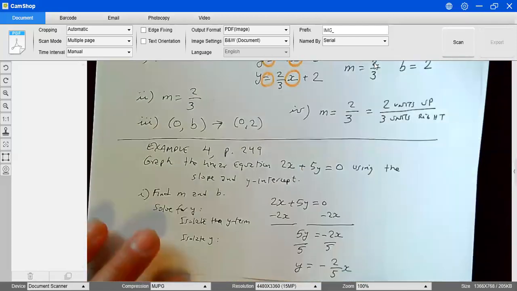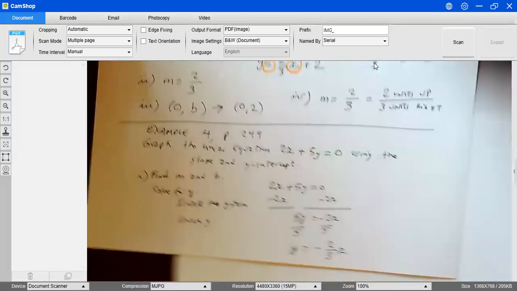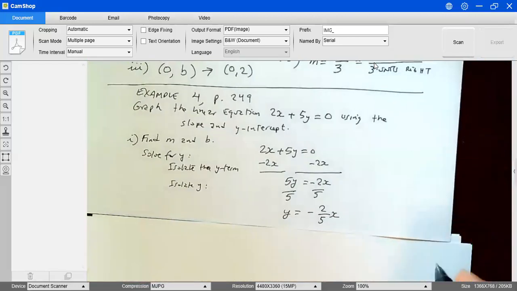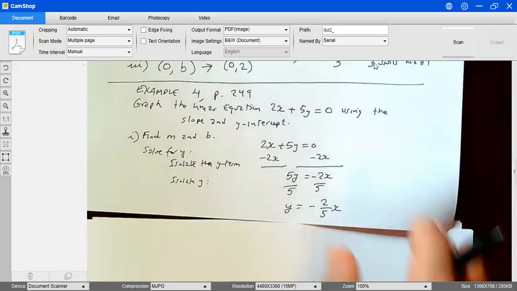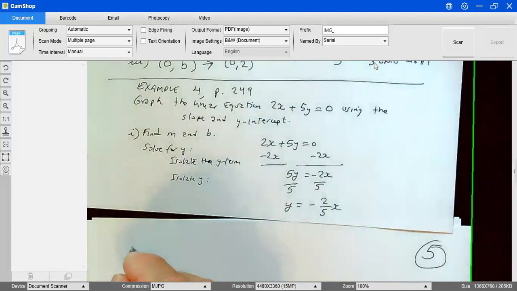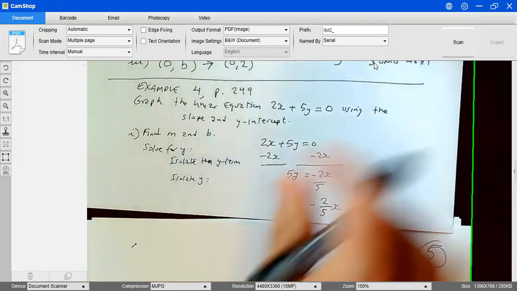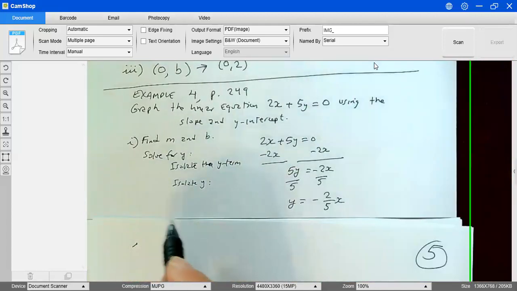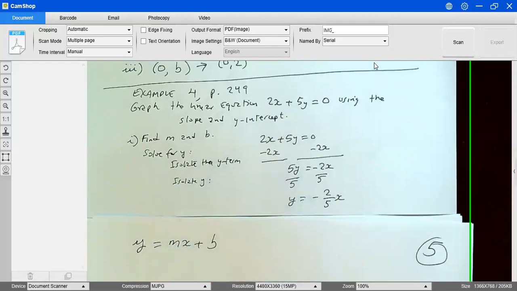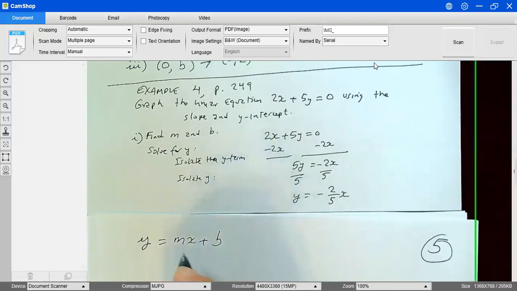So this is my equation. So now let's continue on another page. I need to find M and B. I haven't finished the first part. So I have y equals mx plus b. That's the way I need to find M and B. So I'm going to write the equation I just obtained, negative 2 over 5x.